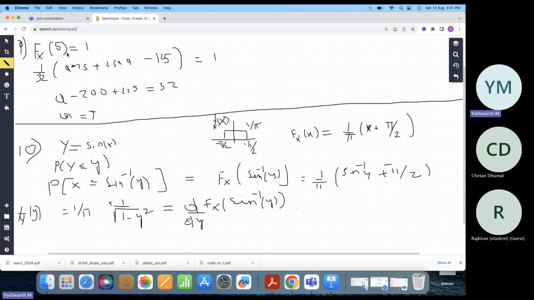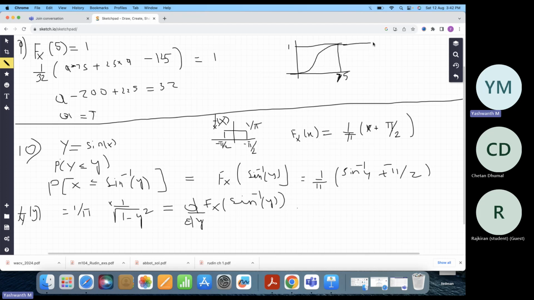Because it is right continuous, if you are approaching some point of this CDF, for x greater than or equal to 5, you are given it as 1. Sorry, for greater than 5, it is given as 1.